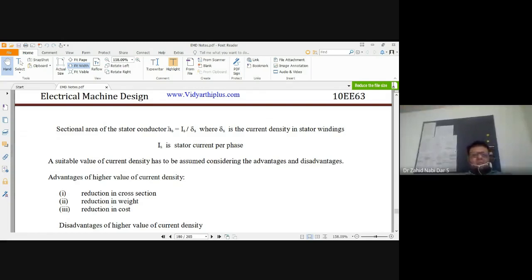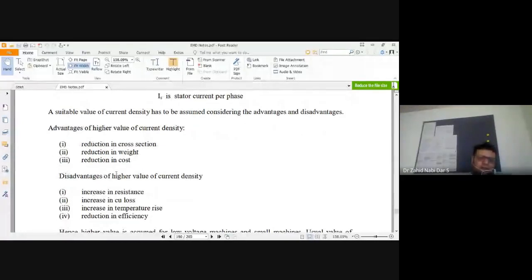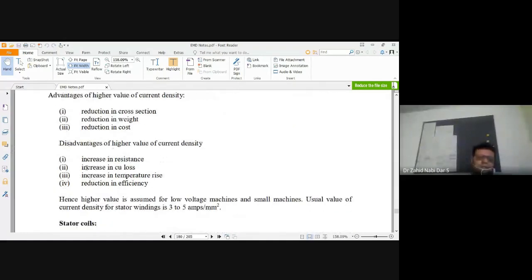So if current density has to increase, your area has to decrease. Once your cross sectional area decreases, the volume of copper required will decrease. That will eventually reduce the cost also, because the weight of copper becomes less, so the material becomes less, and eventually your cost also reduces. So there are three advantages apparent here. Number one, there would be a reduction in cross section. Apart from that, reduction in weight and reduction in cost, as I already mentioned.